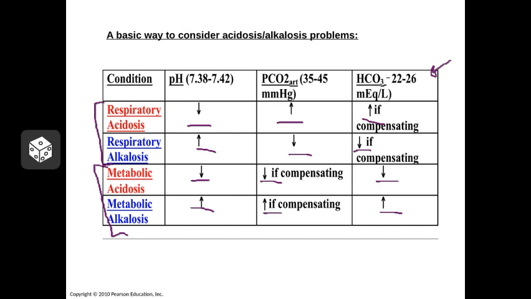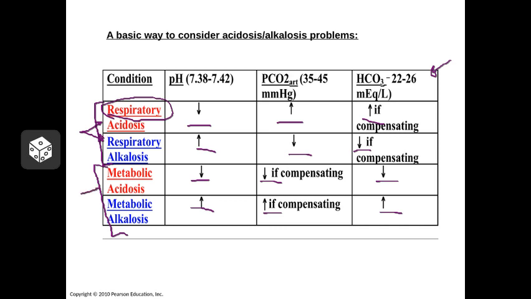One more point. If the problem is caused by the respiratory system, by hyperventilation or hypoventilation, it cannot be the system that compensates. If it is caused by respiratory problems, the respiratory system cannot compensate.